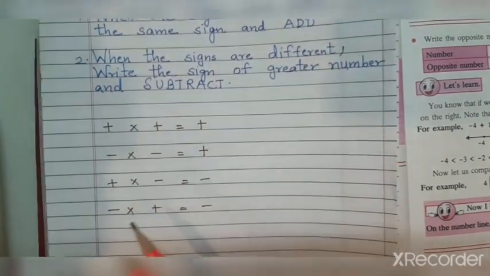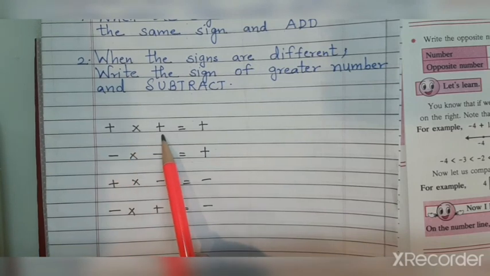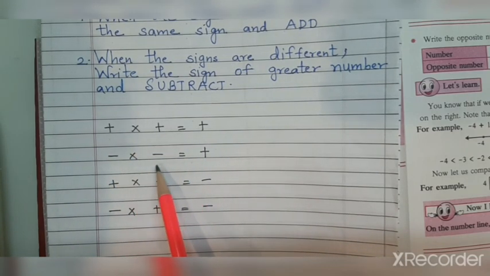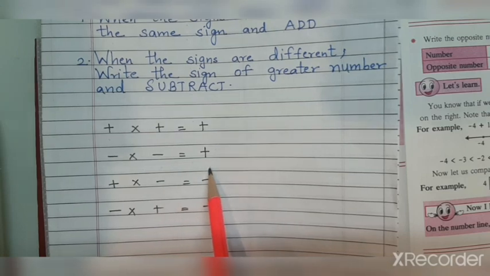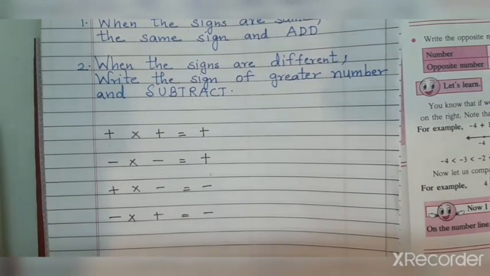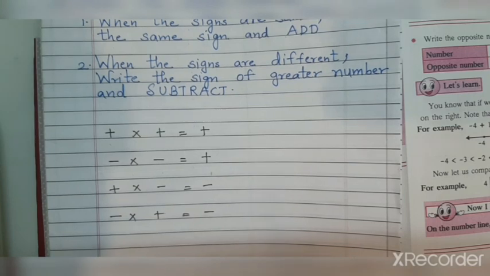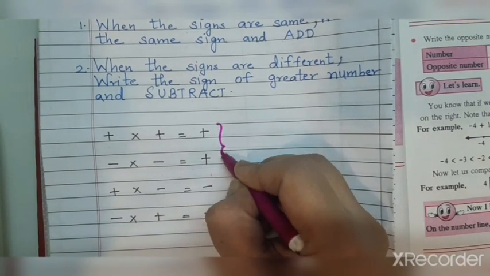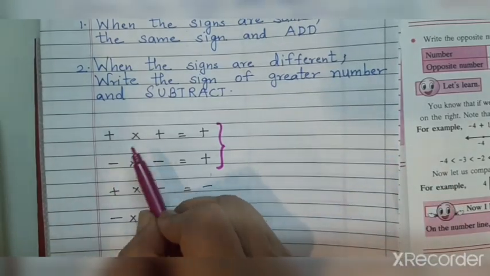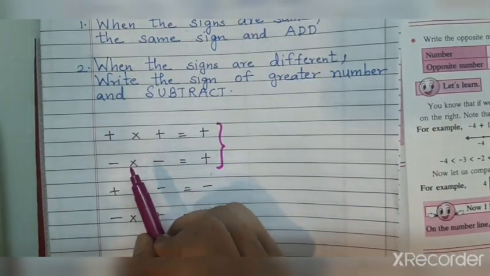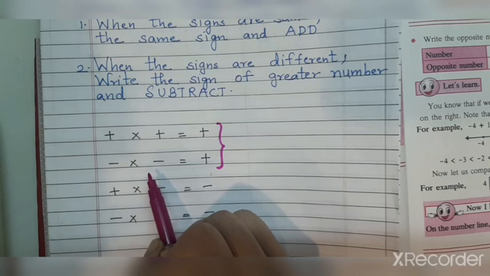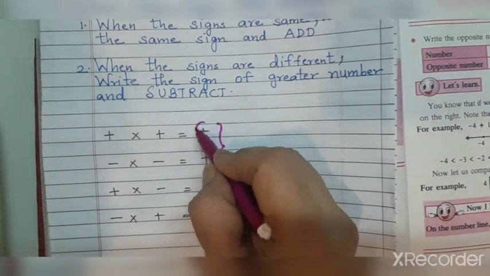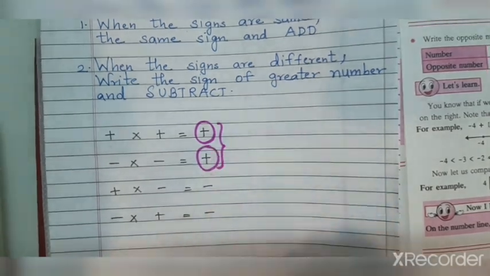Further, positive into positive is positive. Negative into negative is positive. So if you see here, when we multiply two similar signs, plus and plus or minus and minus, the answer obtained is positive.